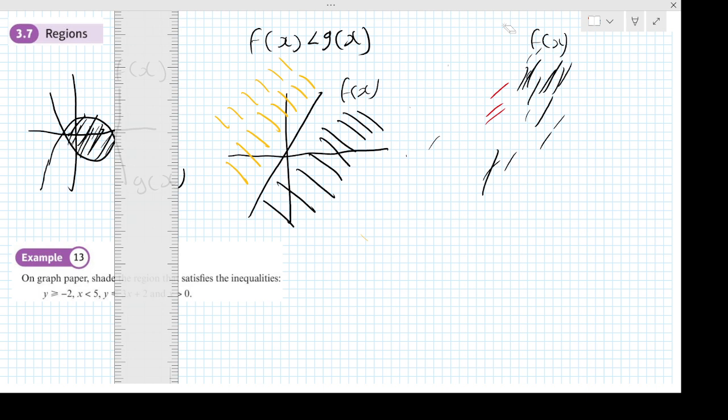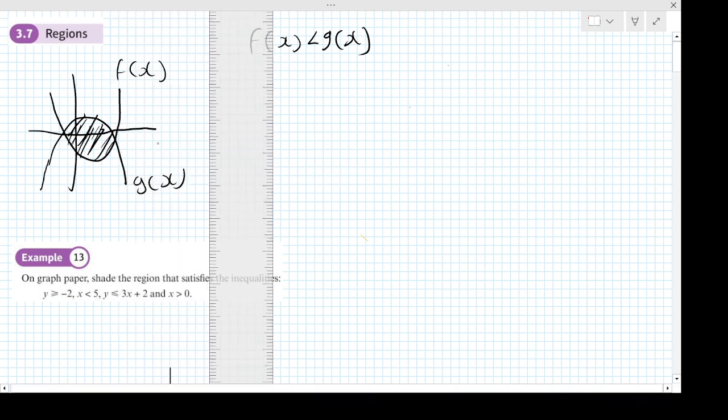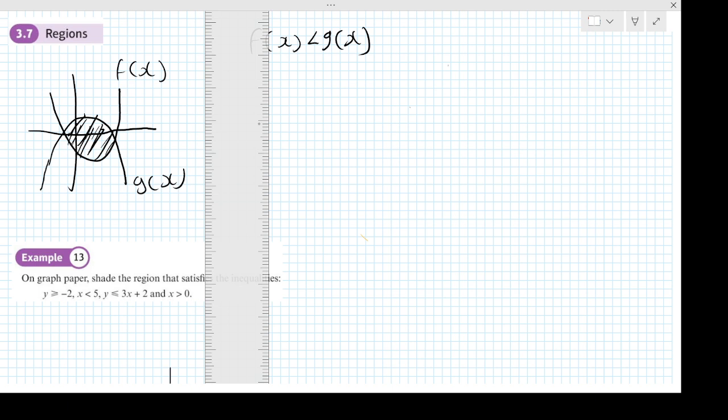Another thing we need to look at is the types of inequalities as well. So let me go over a very simple example before we dive into the actual, more complicated examples. So let's say we have the inequality y is greater than or equal to -2.